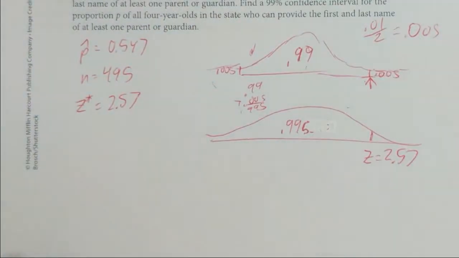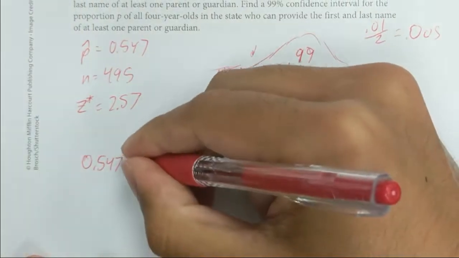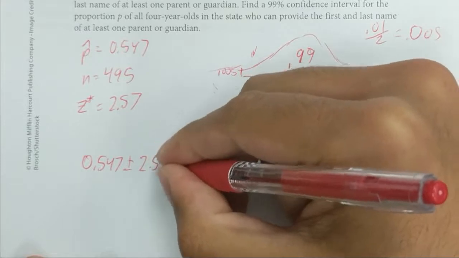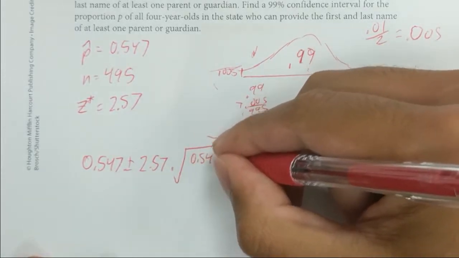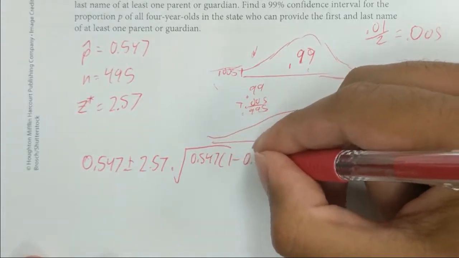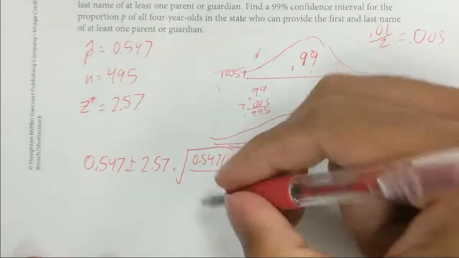Now we have all the information we need for the confidence interval. We have our sample proportion plus or minus z star times the radical of sample proportion times 1 minus sample proportion, all divided by the sample size.